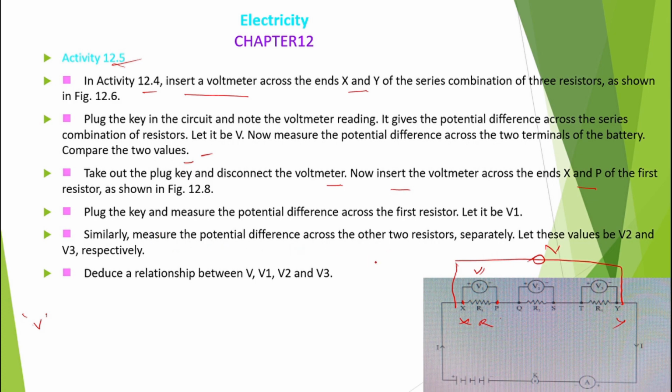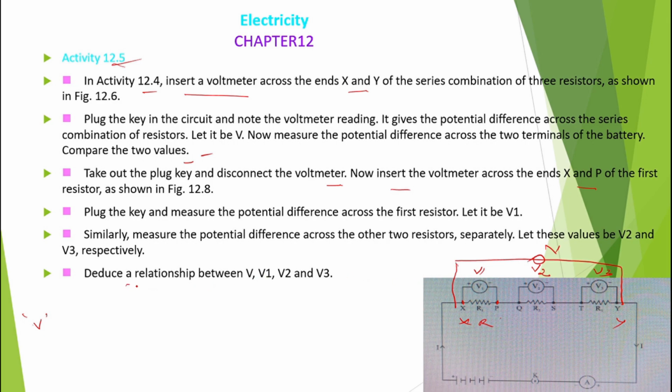Similarly, measure the potential across the other two resistors separately. Again, you connect the voltmeter here. Whatever you are getting, that is V2. Same, this is V3.